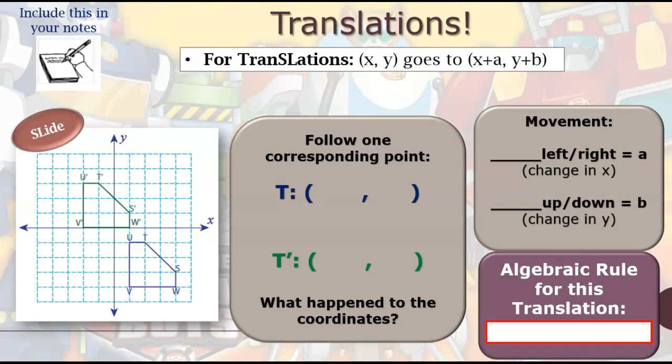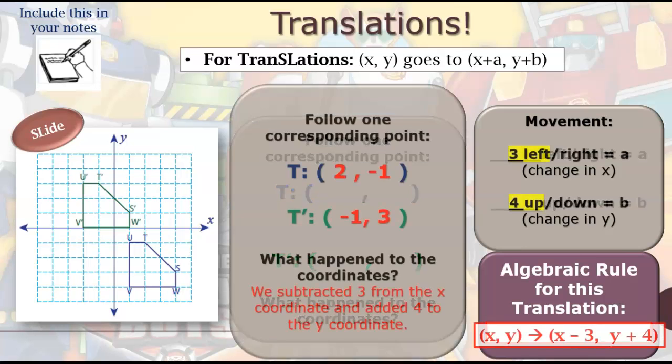A translation. Okay, try this one out. Write your rule for this translation. Okay, so if I look here at point T, it is originally at 2, -1. And then once we perform this translation, T prime is now at -1, 3.